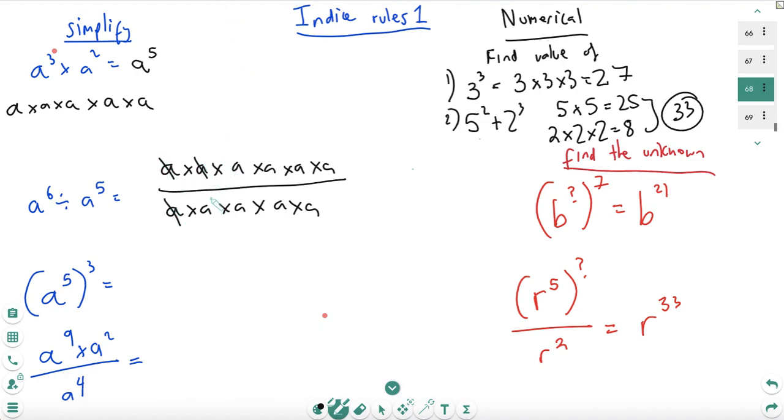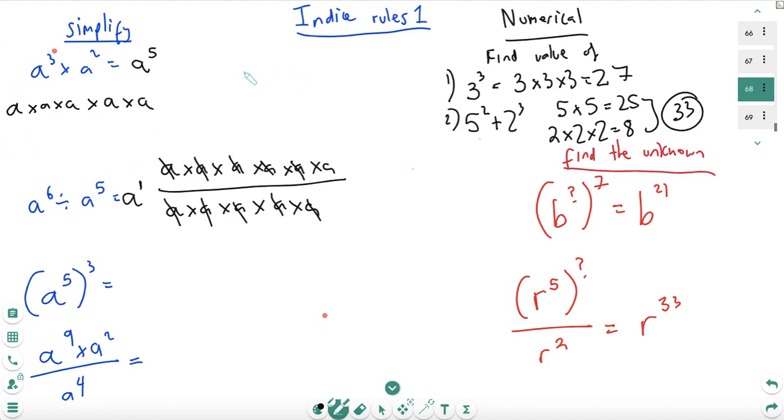So we can cancel out 1a, 2a, 3a, 4a, 5a. And there's just 1a left, so a to the power of 1. Or literally just a, but we'll put the 1 there just for reference. So what's the division rule? Well, when we divide indices, we subtract the powers. 6 minus 5 makes 1. And that's our second rule.